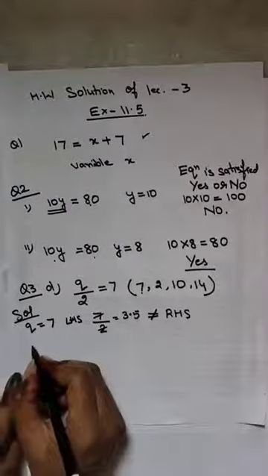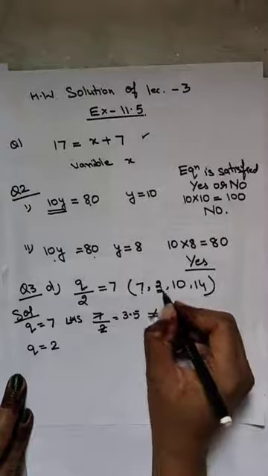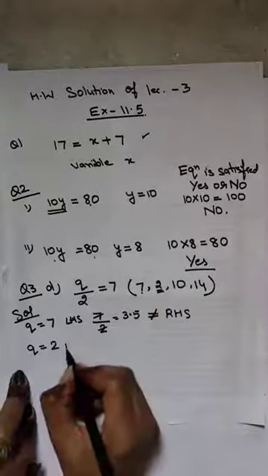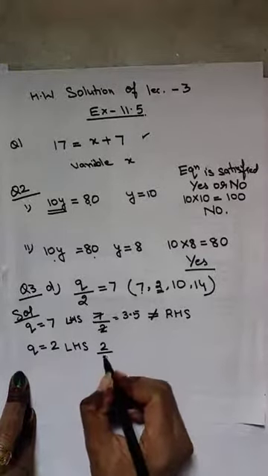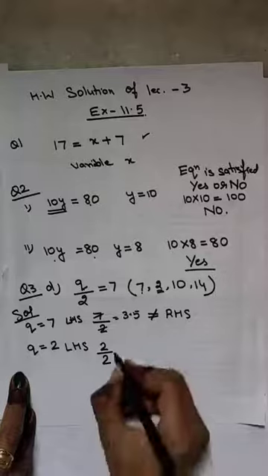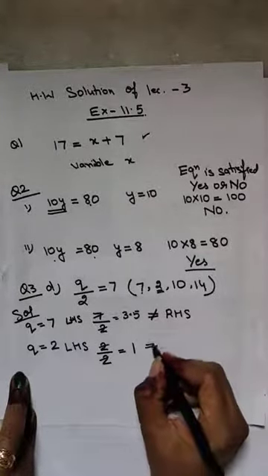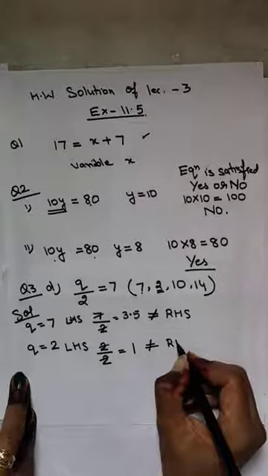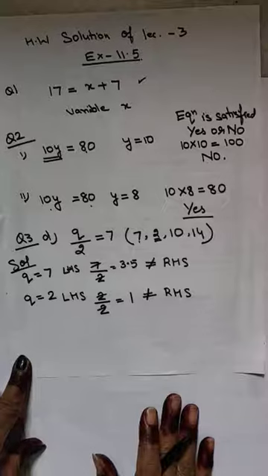It is not equal to RHS. Okay. Now check for the second value, that is 2. Q equal to 2. Left hand side is 2 divided by 2, which is equal to 1. In this also, left hand side is not equal to right hand side. Fine.